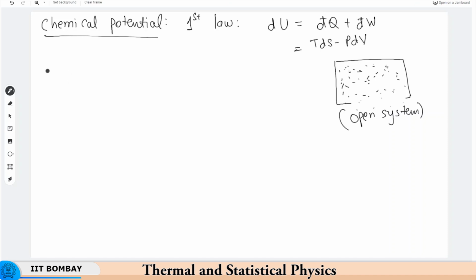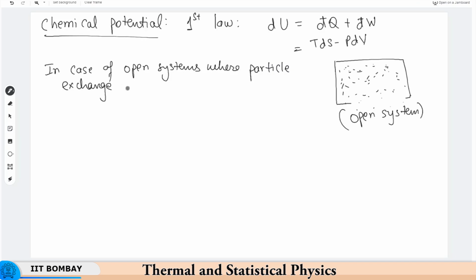So, in case of open systems where particle exchange is allowed, we can rewrite our first law as follows. So, your du basically becomes Tds minus Pdv, but now since the number of particles in the system, n, which was constant before, changes, the change in this n is non-zero.